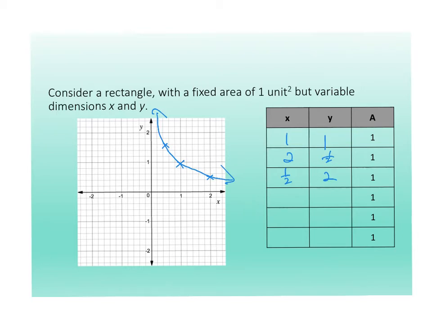In this case, this is just the positive side of it. Because we are looking at area only, we are not using any negative numbers. But you can see that if I have -1, y would be -1 as well, because -1 times -1 is 1.